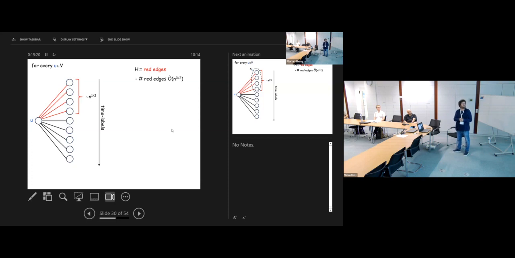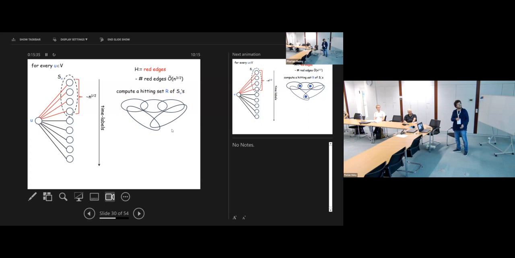Well, then for each vertex U, these red edges define a subset of vertices. Let me call this set S sub U. Now we collect all these sets, and we compute a hitting set for these sets.